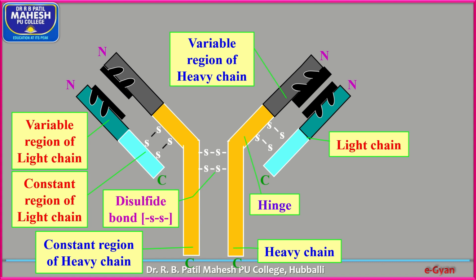Opsonization means the coating of bacteria to facilitate their subsequent phagocytosis by the cells. Neutralization means they neutralize the toxin released by the bacteria, for example, tetanus toxin.